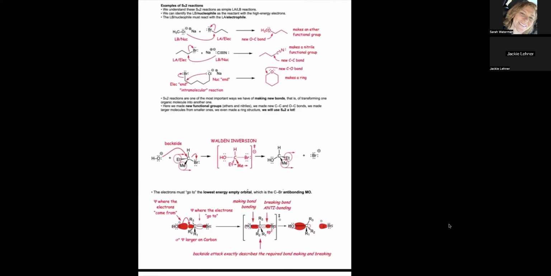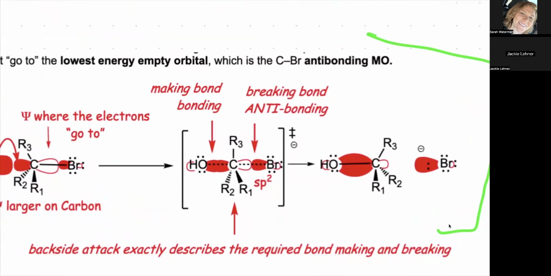Are they talking about the example down below? Yes, that whole paragraph is about this whole diagram here that I have. When they're talking about we also need to break the bond between the carbon and the leaving group, they're talking about this right here.